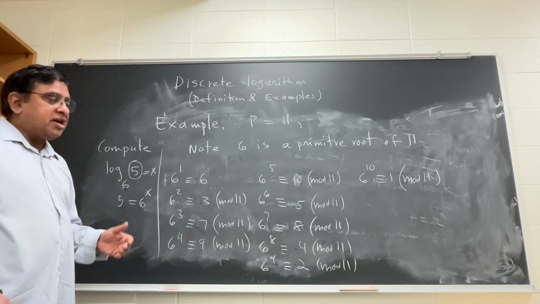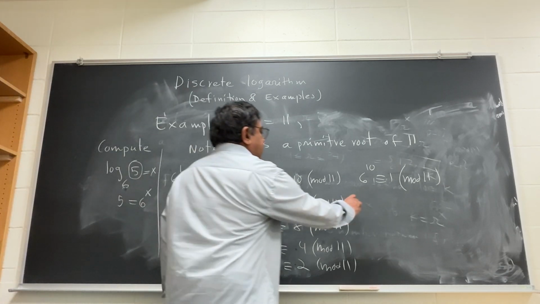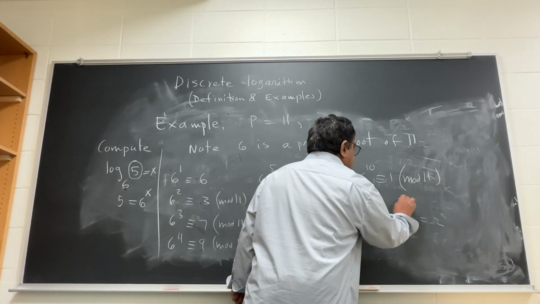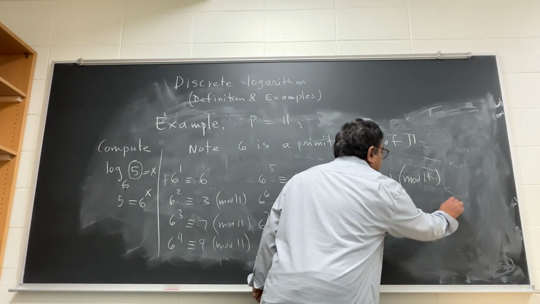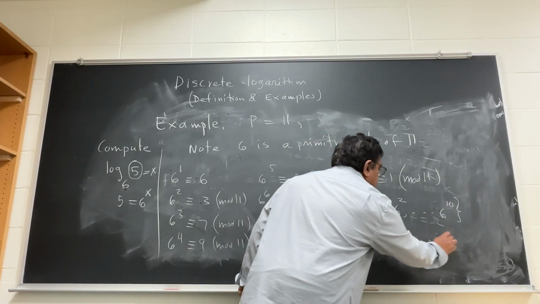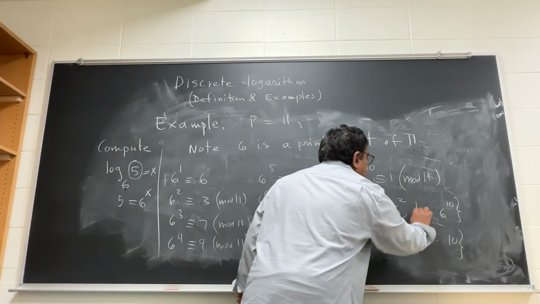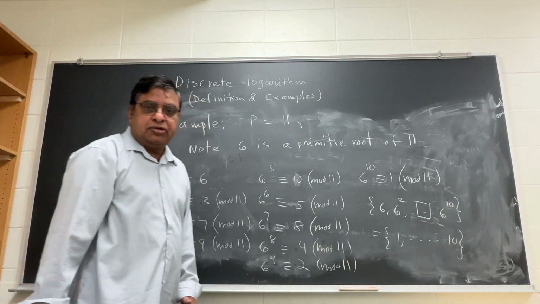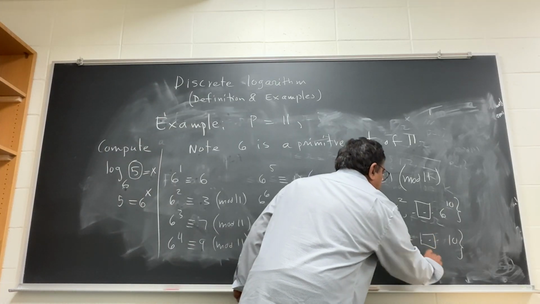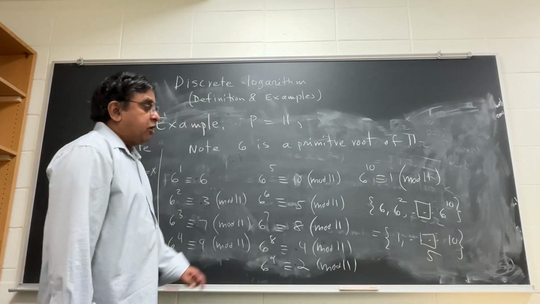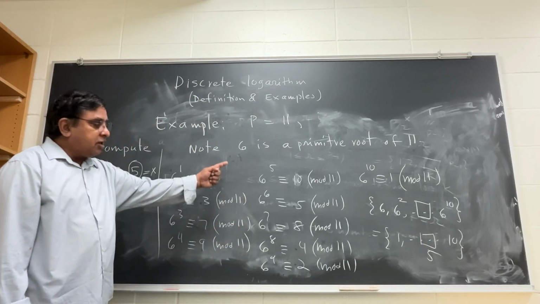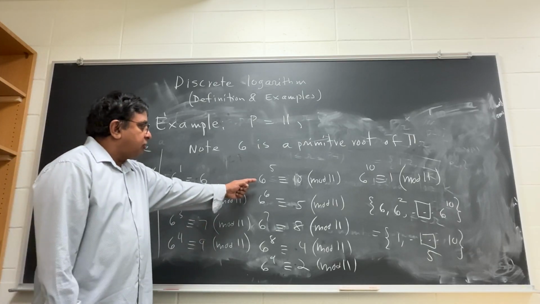Therefore, the question we're asking is, in this set, 6 to the power of 1, 6 squared, all the way up to 6 to the power of 10, we know that's equal to 1 to 10. Which power of 6 will give you 5? We want 5, and what's the power of 6 that gives you 5?